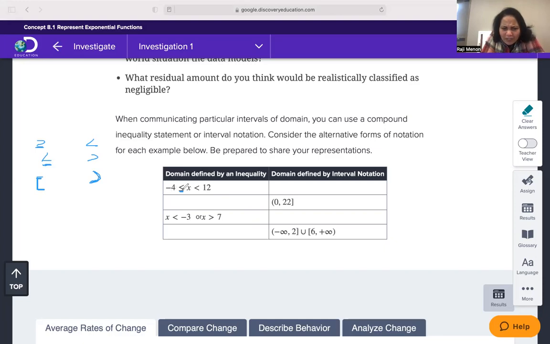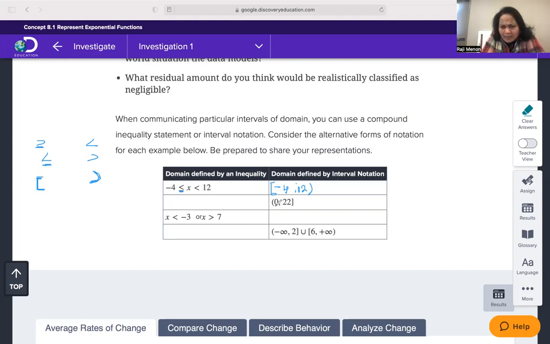So when you are translating this to here, you need to write it as -4. Let me help you with this. -4 is in there, and you're going all the way to 12, right? 12 is a parenthesis. Why? Because there is no equal sign there. So because of this, I use that.